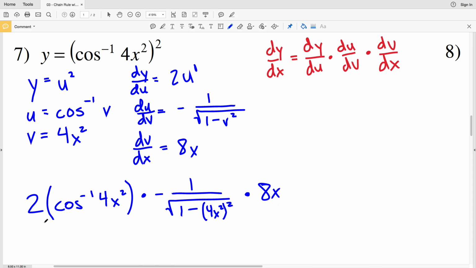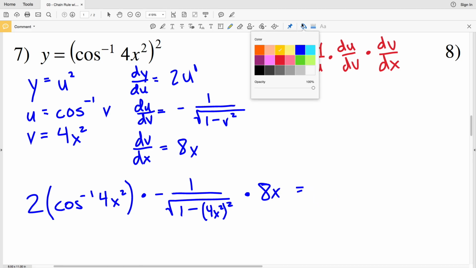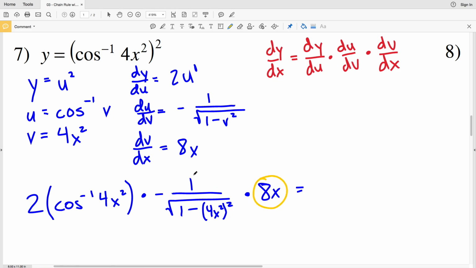So you can see that now for dy dx, all I have are x variables, which is what I want. So simplifying that, I'll multiply 8x to 1 and to 2 times the inverse cosine of 4x squared. But this isn't just 1, it's a negative 1.